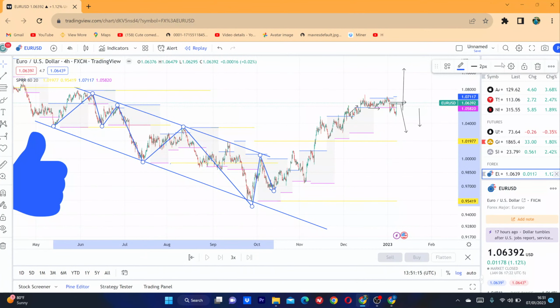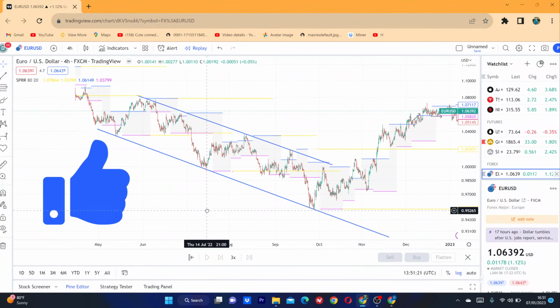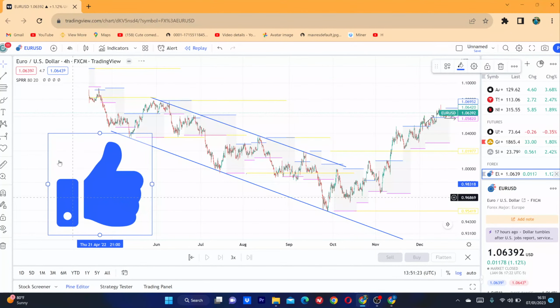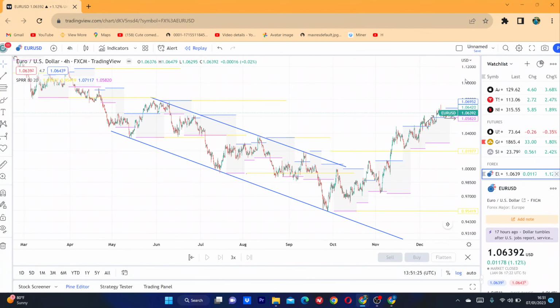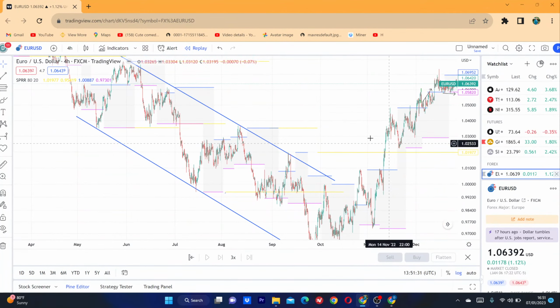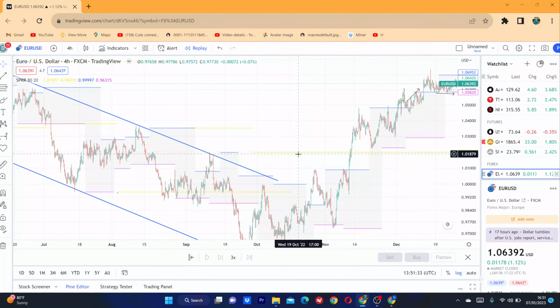I want to draw something over here. So this is what I was trending on the Euro USD right over here.